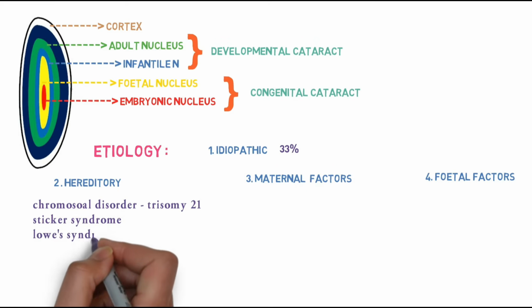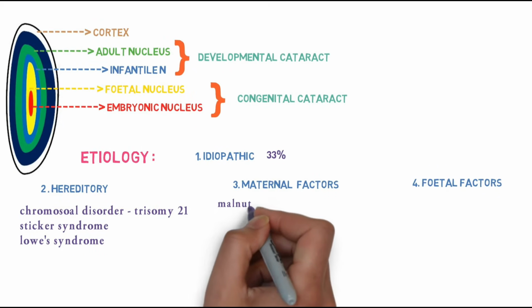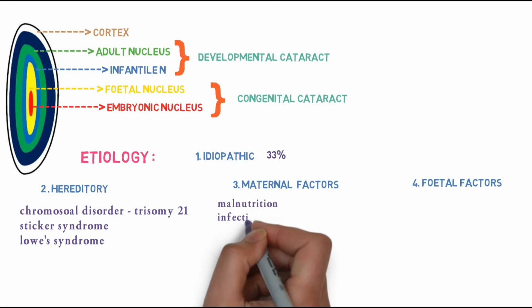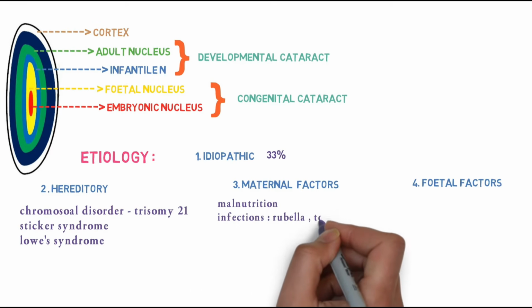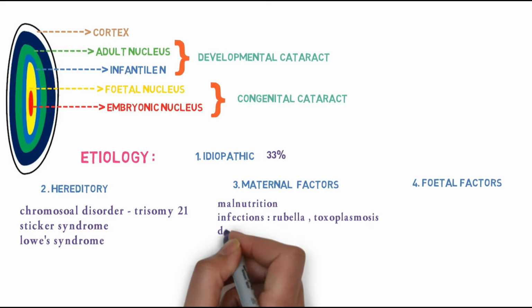And in maternal factors, there can be malnutrition during pregnancy, or there may be infection during pregnancy. Infections like rubella are generally associated with congenital cataract, or it can be due to toxoplasmosis.